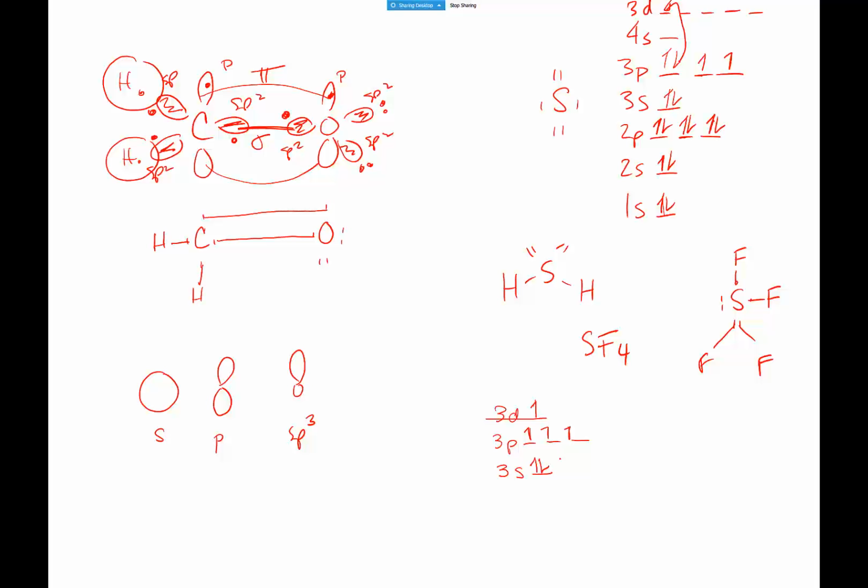So I'm going to mix the d, the p, and the s, and so I'm going to get 5 orbitals, and each one of those is going to be dsp3. Or sp3d, I don't care. But I'm going to get a dsp3. I'm going to get 5 orbitals now. Okay. What's the geometry for 5 orbitals?